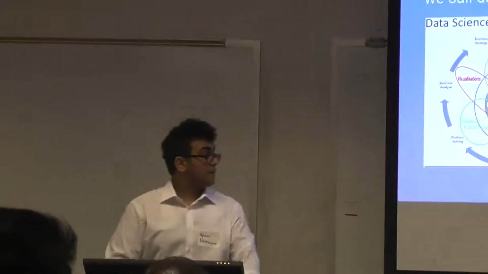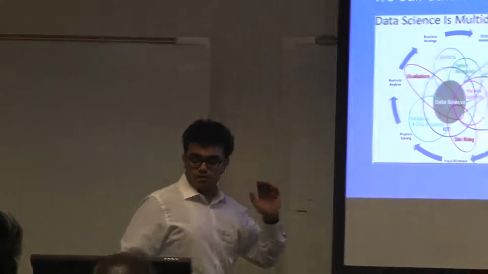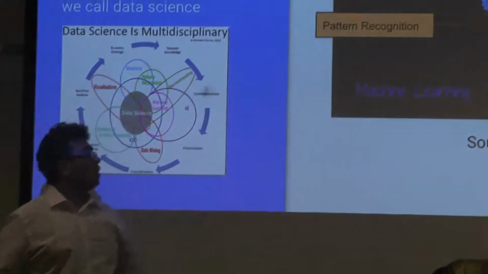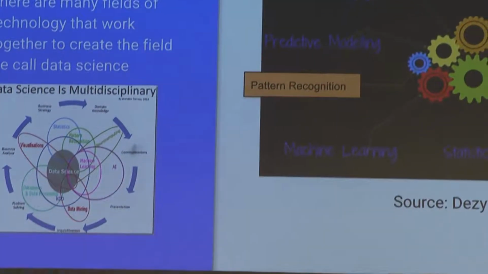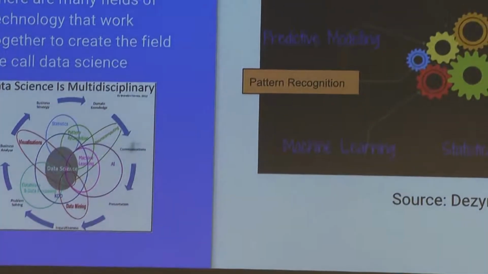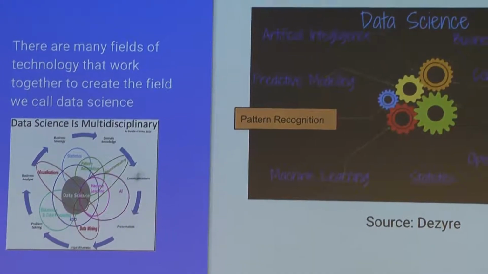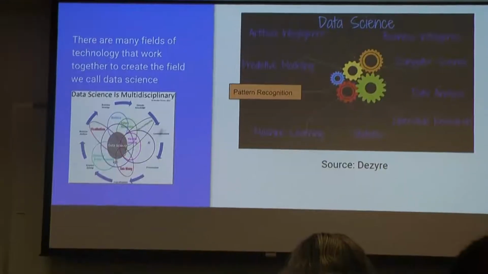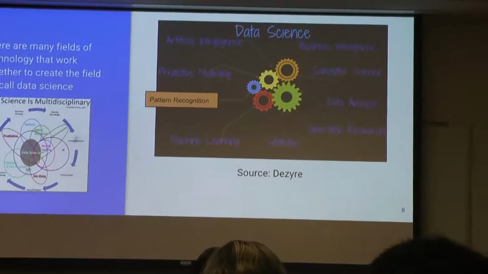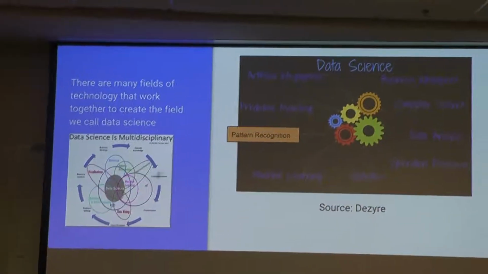All right, so now we're going to move on to how data science is extremely multidisciplinary. So here you'll see, let's focus on the right diagram. You'll see that there are 9 kind of subsets to data science, right? There's artificial intelligence, predictive modeling, pattern recognition, machine learning, statistics, operational research, data analysis, computer science, and business intelligence.